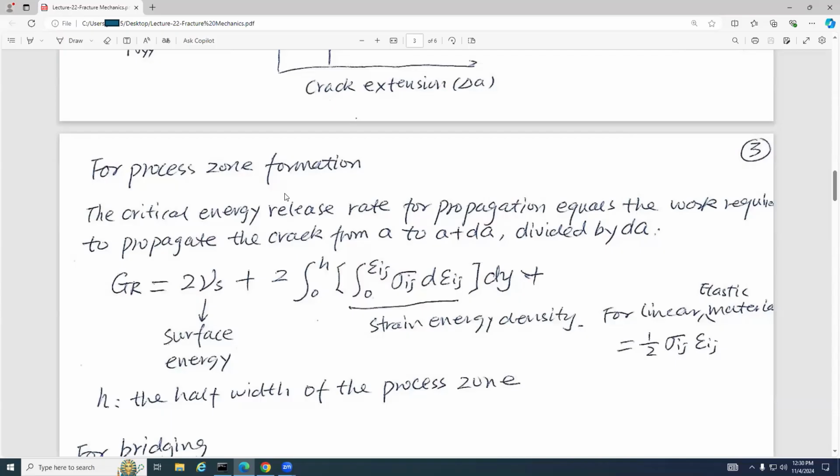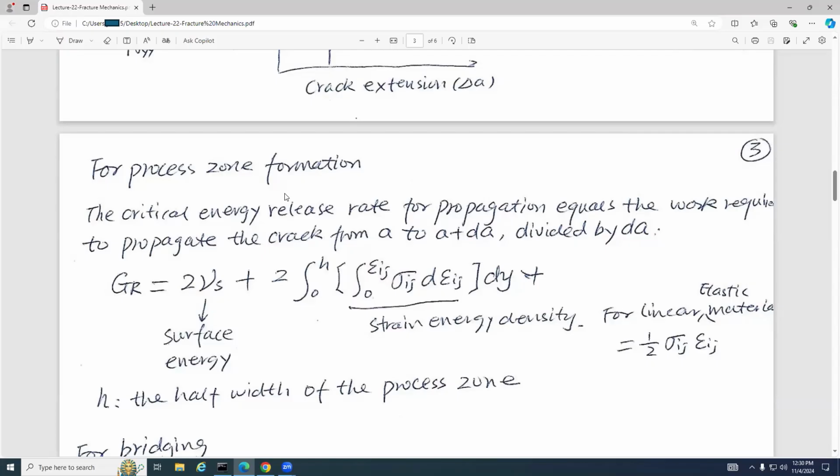We only have this one, 2 multiplied by surface energy. And why do we have the factor 2 here? Because we have 2 surfaces. Whenever you have a crack, you have 2 surfaces. One is up, one is down, right?